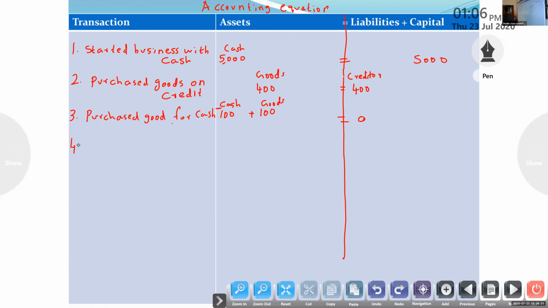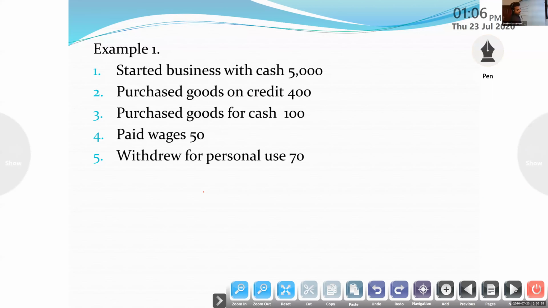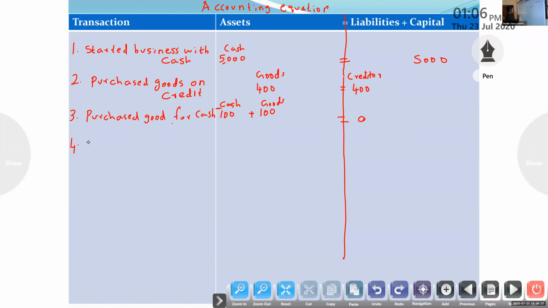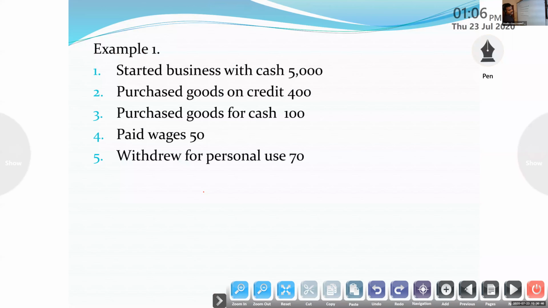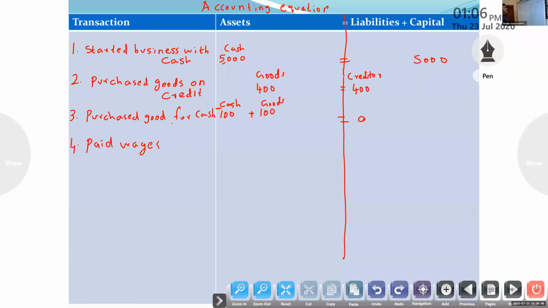Next, fourth one: paid wages 50. Aparna, paid wages. So already I said expense and income affect only the cash and the capital.